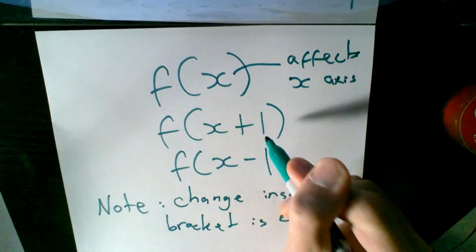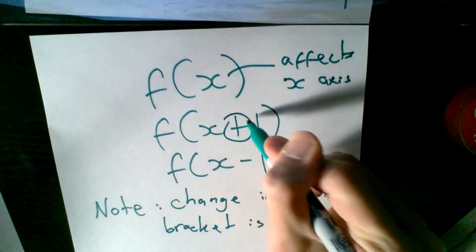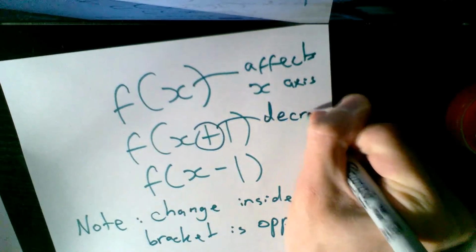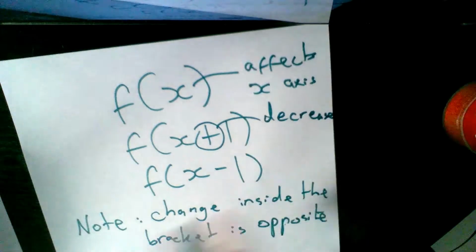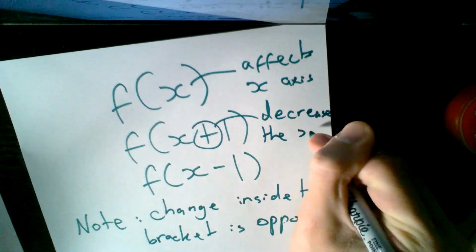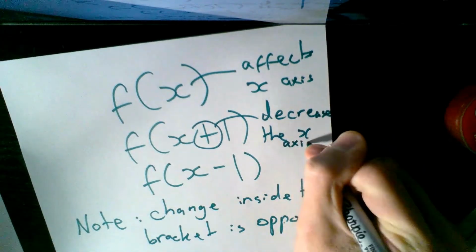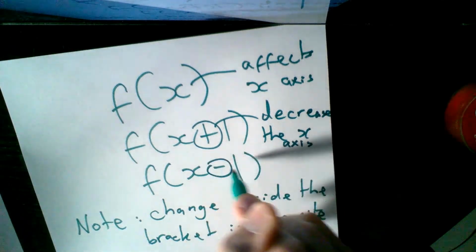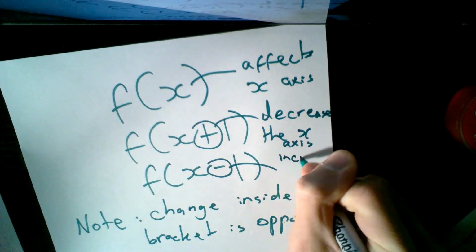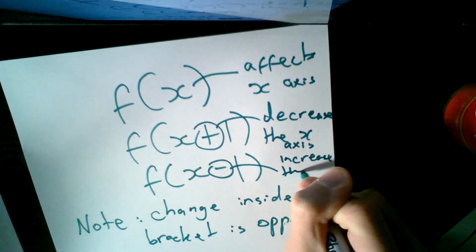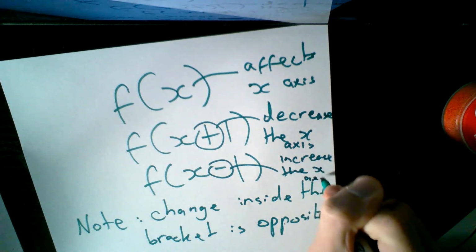So if it's a plus 1, we decrease the x-axis, and when it's minus 1, we increase the x-axis. Okay?